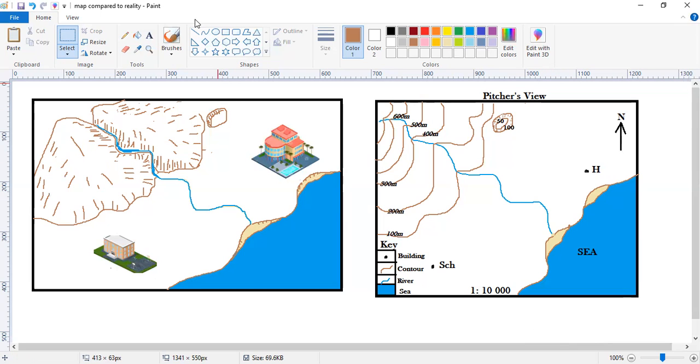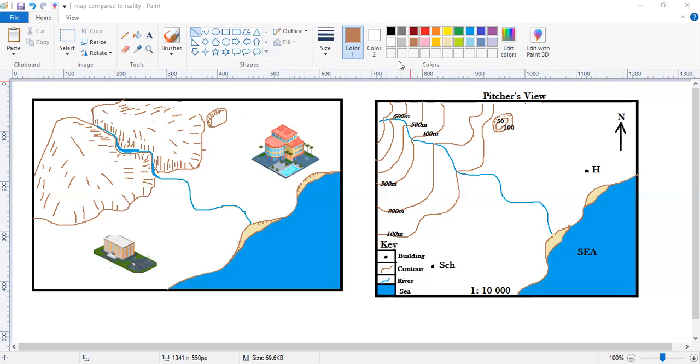Now, another feature on our map that helps us to find location, it's not present on this map, but on other topographic maps, we will find some lines. We will find some lines running across the map and running along the map, forming a grid.